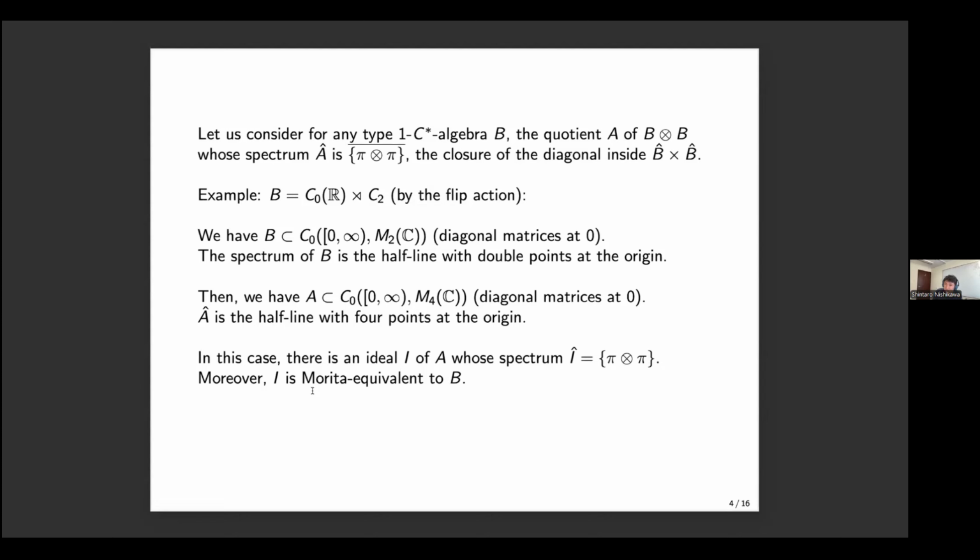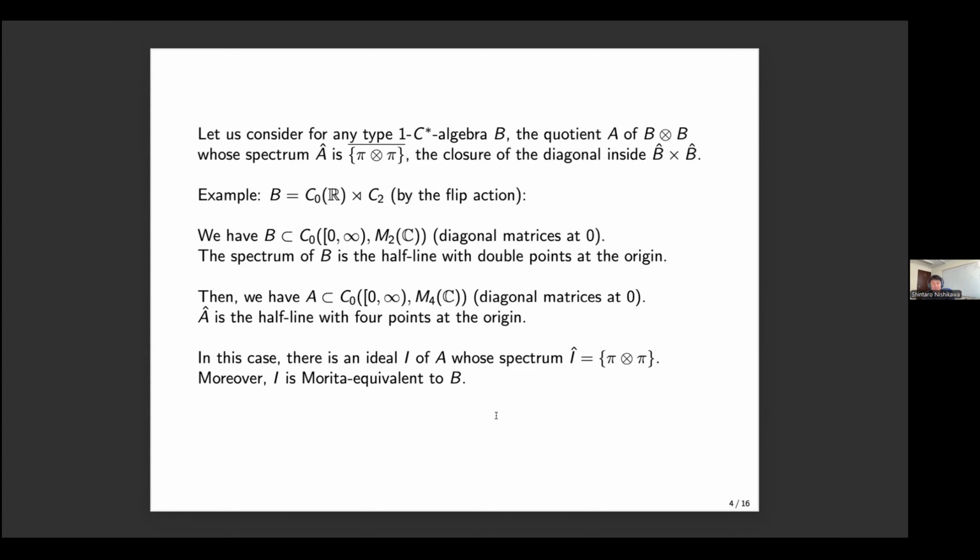And in fact, you can also show I is Morita equivalent to B. So this is a baby example, but what I'm going to tell you is that this situation, where you take B⊗B, take a quotient, and then look at this ideal and find some Morita equivalence, happens for any linear connected real reductive group. So this is one of the first things I want to tell you.